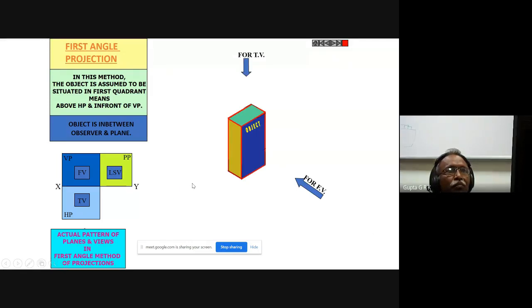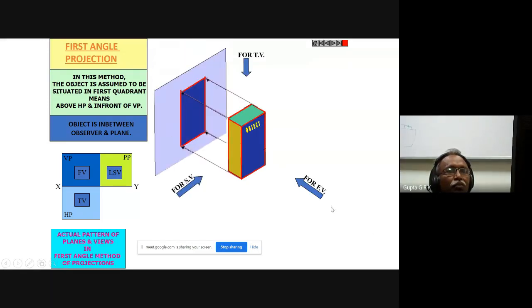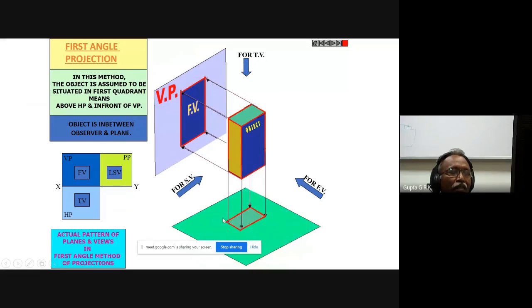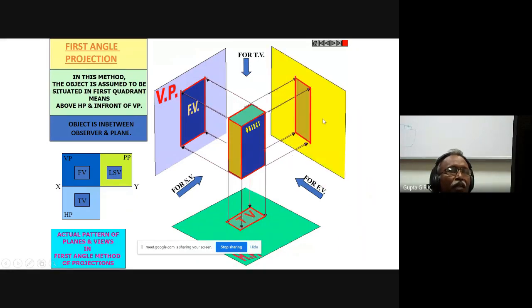You can see here. So for front view, I am seeing like this, and the image comes here. And for top view, I see like this, and here it comes. And for the side view, I get like that on the profile plane. So here, if I join all of them, they are in different planes, and the profile plane, I turn this.